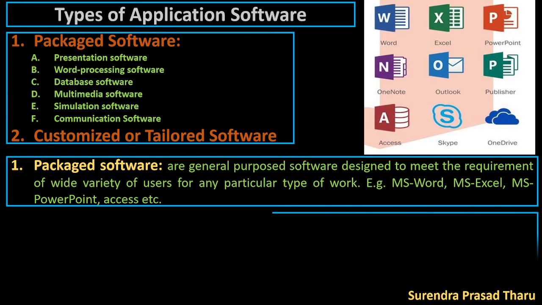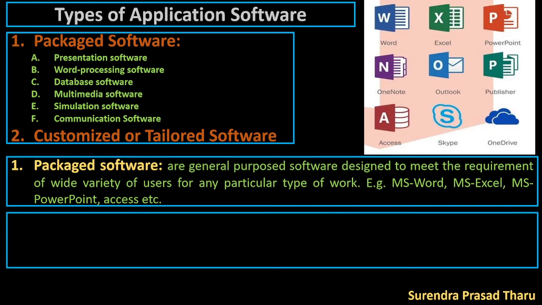So what is package software? Let's go through the definition. It is general purpose software that is designed to meet the requirements of a wide variety of users. General purpose means wide variety, designed for the general problem, that addresses the problems of a wide variety of users, like Word, Excel, PowerPoint.